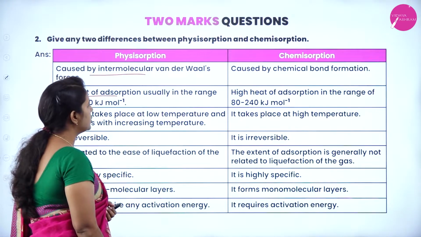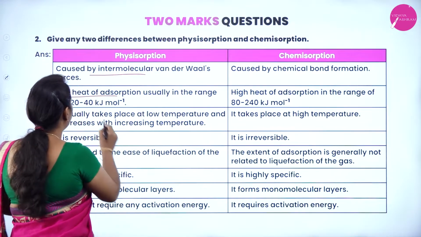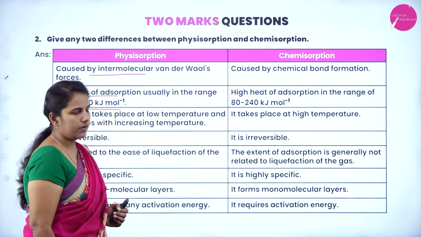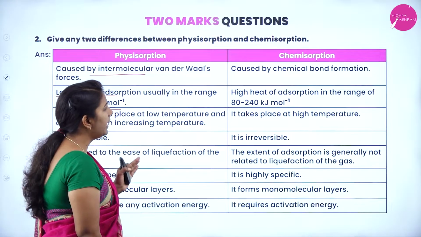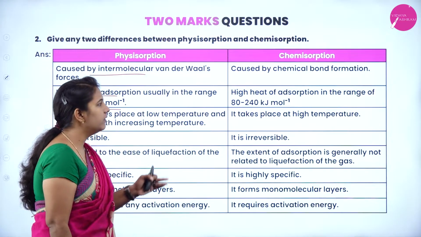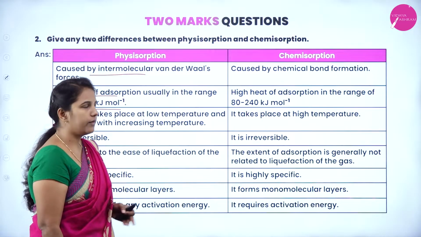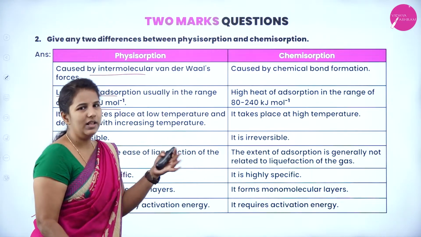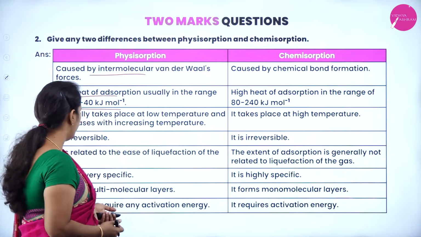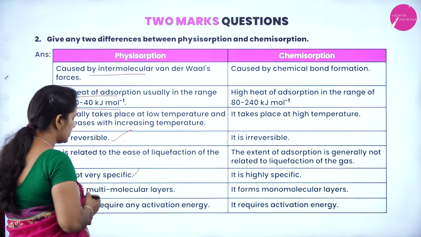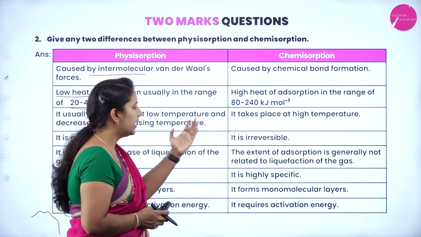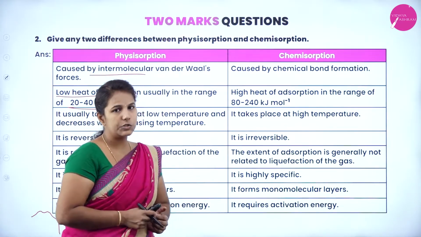Low heat of adsorption, in the range of 20 to 40 kilojoules per mole. Here high heat of adsorption, in the range of 80 to 240, is required because chemisorption involves the formation of new bonds. Physisorption is reversible and not specific, and here it is irreversible and highly specific.